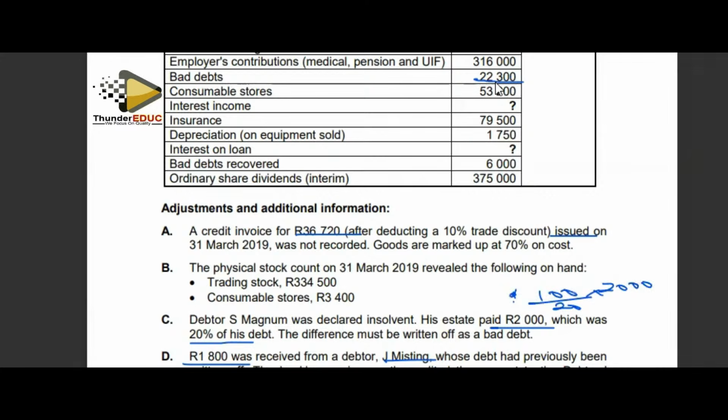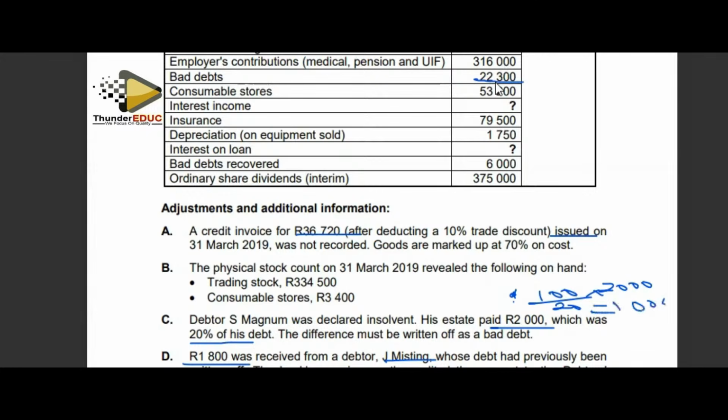So when I say 100 over 20, which is given to me, times 2,000, don't forget this calculation. We use it when determining the cost price, okay? Selling price, cost price, we did that in grade 10 and 11. So the full amount is giving me 10,000, okay?